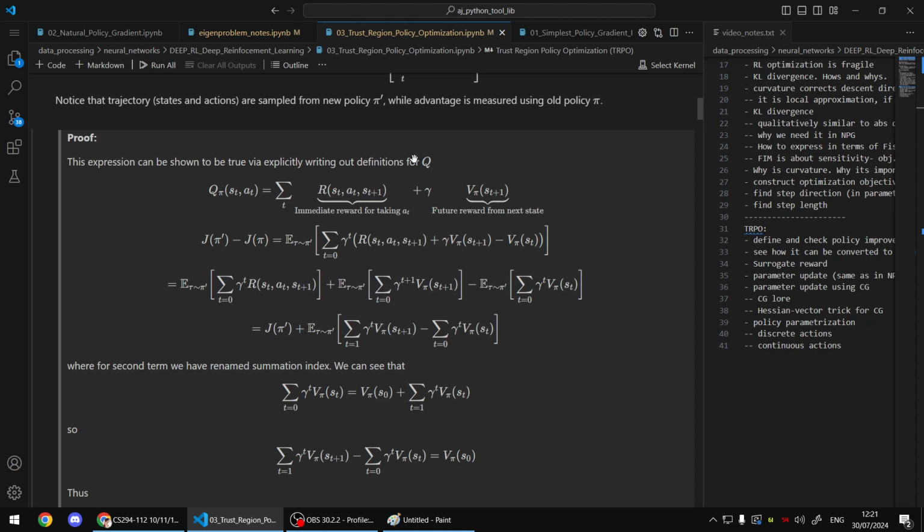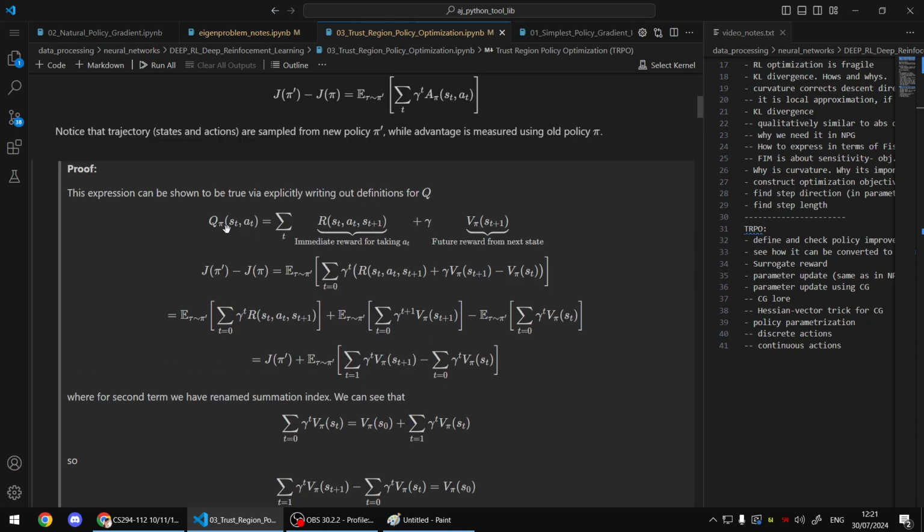It's pretty simple. We just have to remember how we define, from classic reinforcement learning, the state action function. For the regular state value, we're averaging over all actions taken in that state, but Q, the action value, is just one particular action and the following rewards.